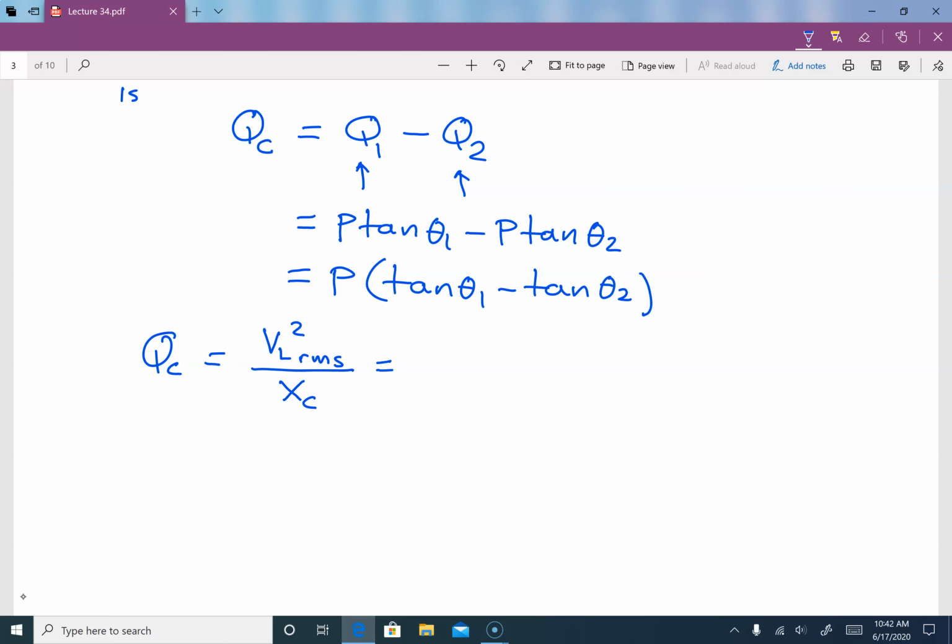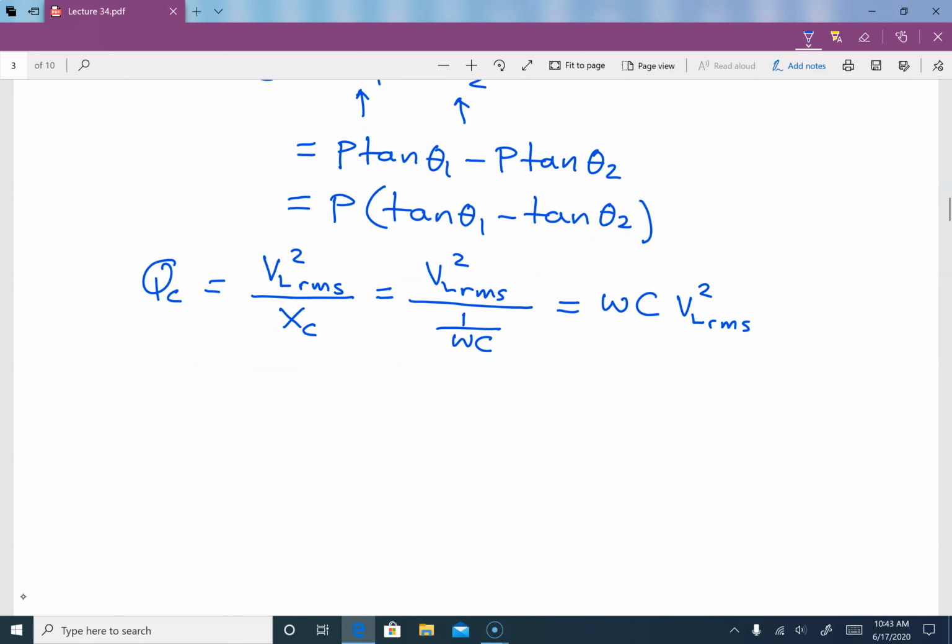And this is equal to VL RMS squared divided by X sub C, which is 1 over omega C. So this will end up with omega C VL RMS squared.